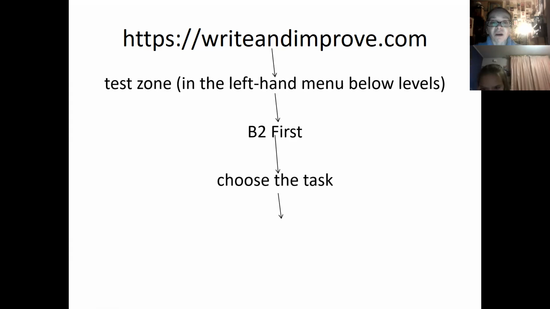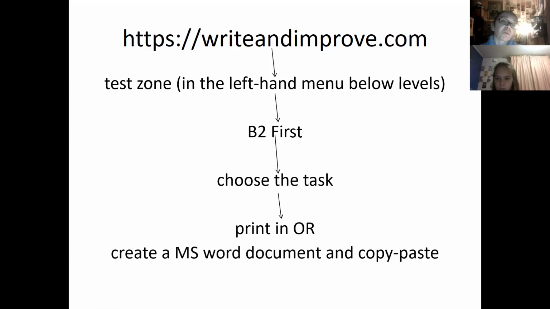You choose the task, you write it inside there, or you write it in a Word document and copy-paste, and the artificial intelligence checks it. That's a very useful tool, by the way.